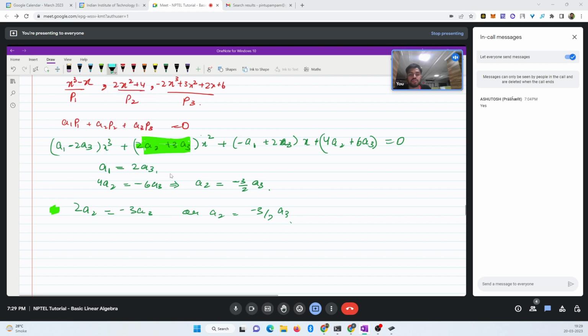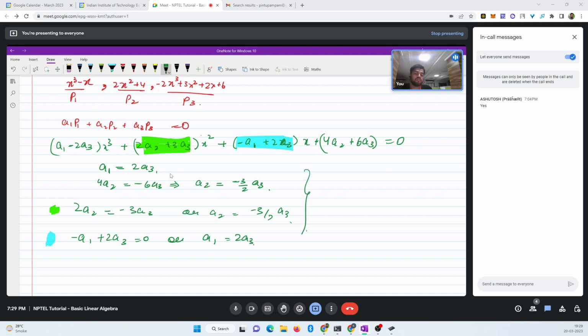Now if we look at this equation, it says minus a1 plus 2a3 equal to 0, or a1 is equal to 2a3.